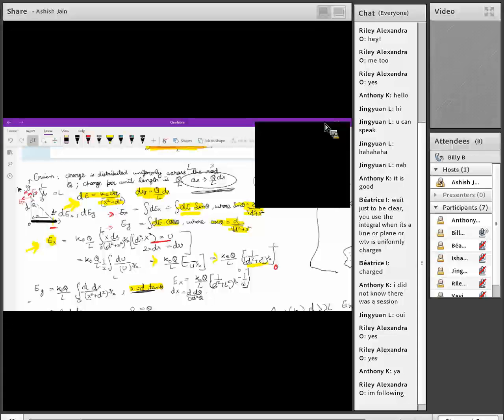Oh okay, yeah, that makes sense. And now I wrote it with respect to this angle because I know this is the angle subtended by it, and then I know this distance. That's why this becomes dEy cos theta, and this becomes dE sin theta.